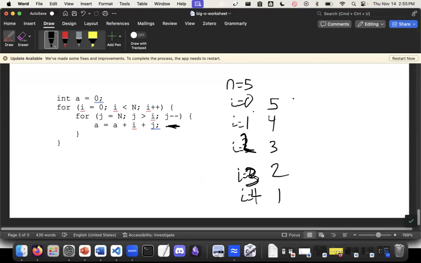And so if we took away 5 and we had n, the number of times this executes in the entire function is n plus n minus 1 plus n minus 2.